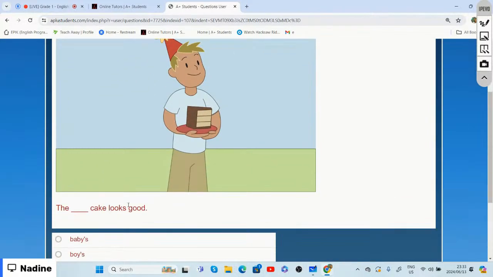All right, let's look at the next picture. It says is it the baby's cake looks good or the boy's cake looks good? Do we say the baby's cake looks good, or do we say the boy's cake looks good?